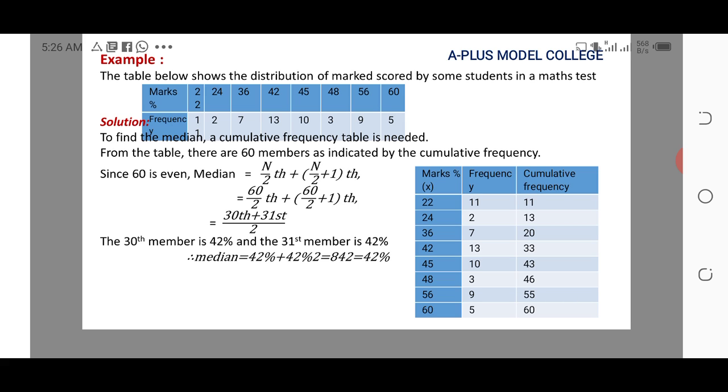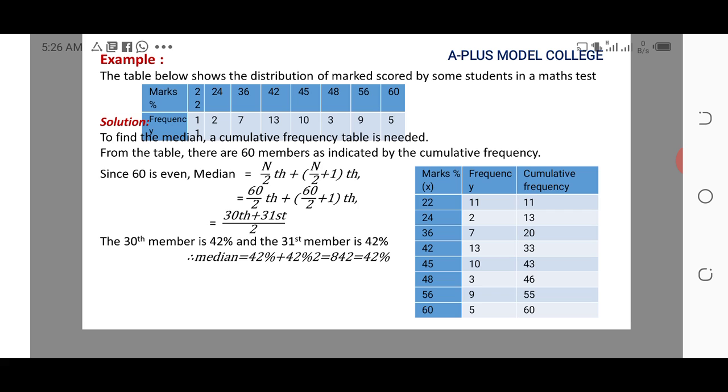So you can see, when you count from the beginning, 11 plus 2 plus 7 plus 30, you see that the 30th and 31st number falls on the mark of 42. And that's why the 30th member is 42, and the 31st member is 42.